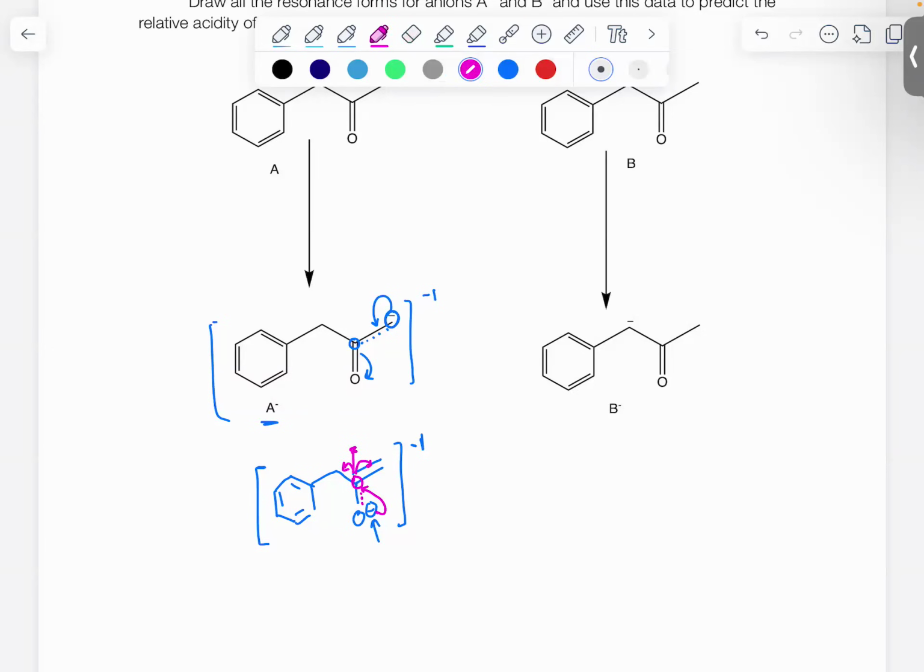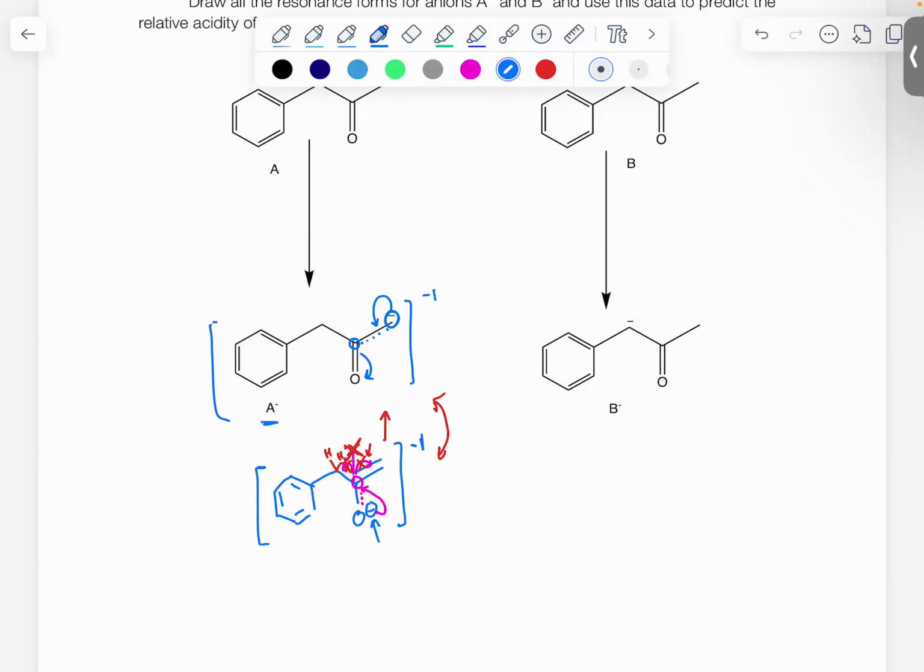We're not going to just kick those electrons out. Conservation of mass and energy, we can't just kick them out. If we go to the right, we'll just end up right back where we started. If we go to the left, we have to remember that there's 2 protons here. There's nowhere to put those electrons. And so none of these are viable options. And these are the only resonance structures.